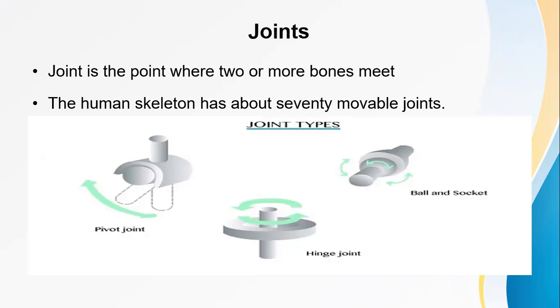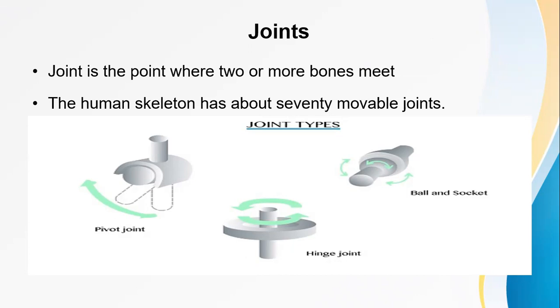Now let's move on to joints. A joint is simply the point where two or more bones meet. So it's the junction, a joining point where two or more bones meet within the body.